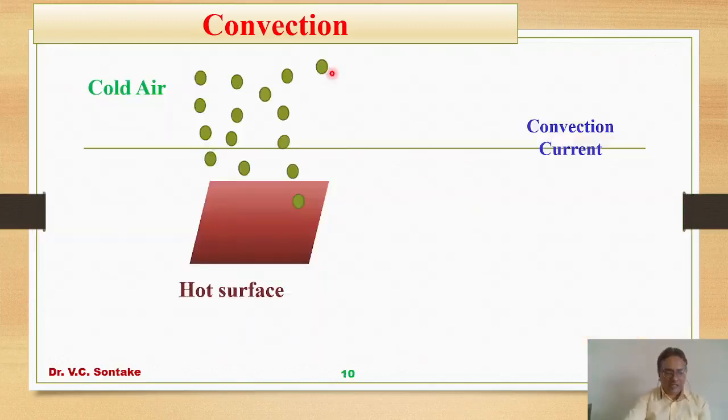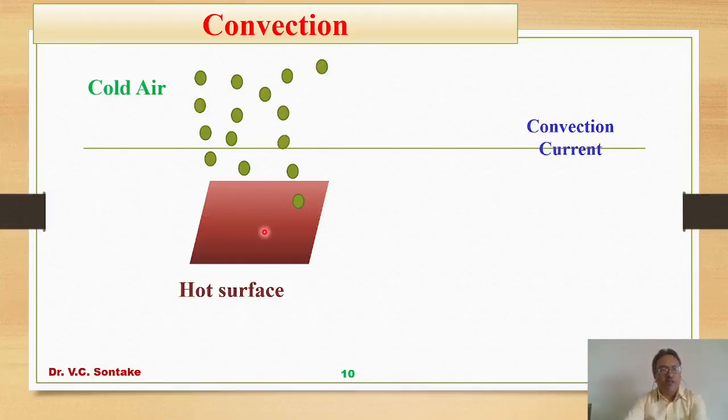So let us discuss the physical mechanism of heat transfer by convection. Let us consider a hot surface. It is exposed to cold air. Obviously, the surface temperature of the plate is more than the temperature of the cold air. So all the cold air molecules are shown by green colors. That is, they are at temperatures less than the temperature of this plate.